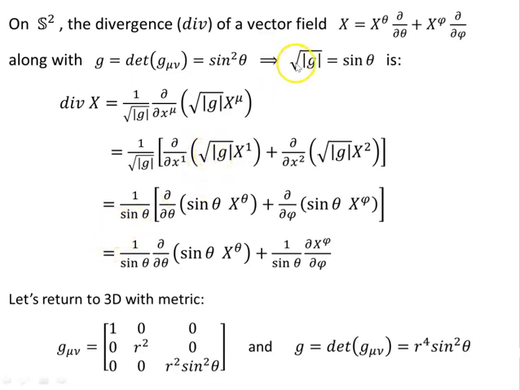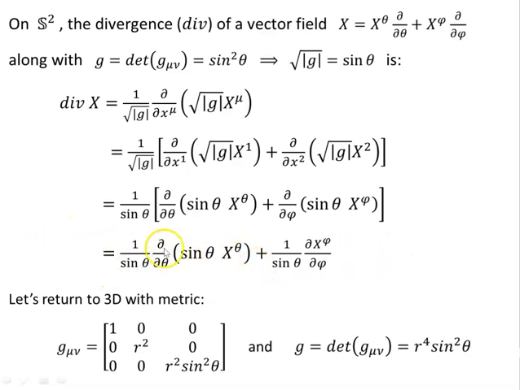Now, this is sine theta, so you can replace this with sine theta to carry out the various operations if you want to. Otherwise, just leave it in this form here, expressing in terms of the tangent basis vectors. Okay, like that.